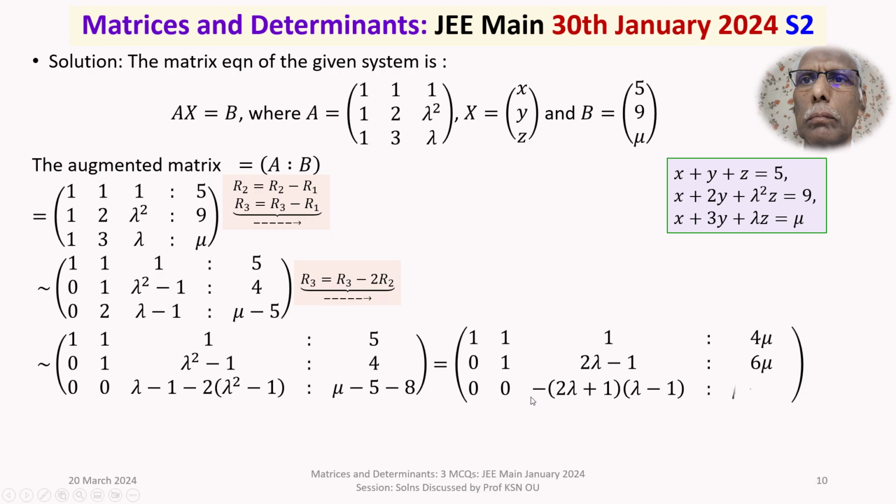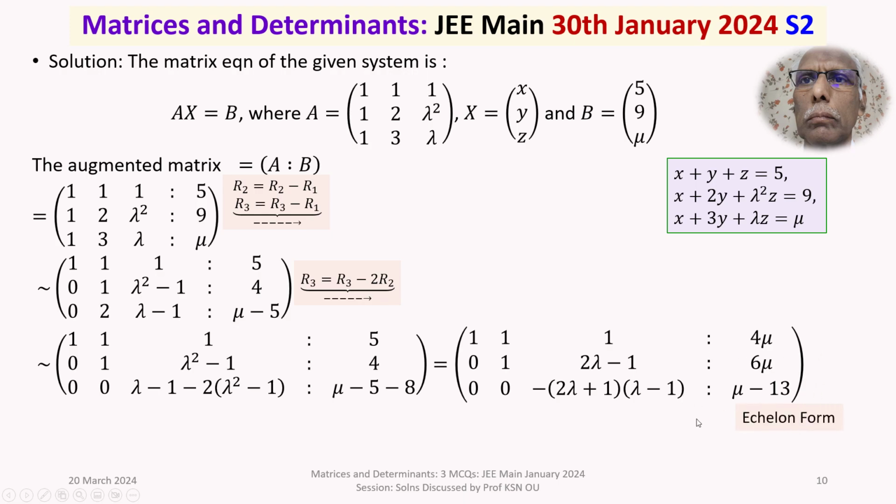After simplification, you will get in the third row 0, 0, minus 2 lambda plus 1 into lambda minus 1, and mu minus 13. Here there are two cases: lambda is 1, and lambda is minus 1 by 2. And this is the echelon form.